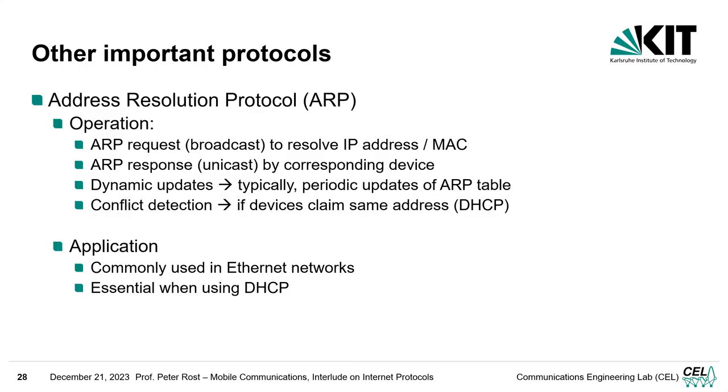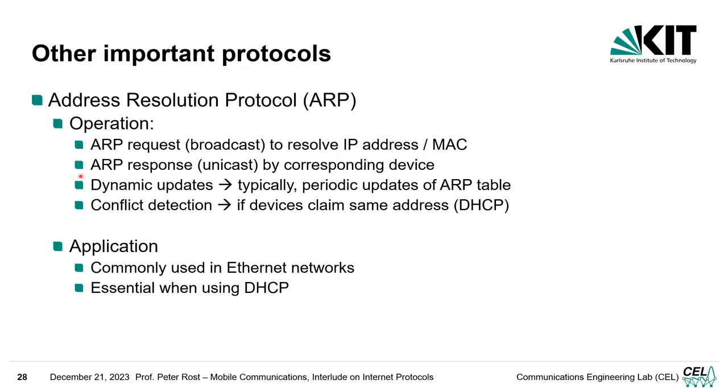And how it works is your source node is sending a so-called ARP request. It's broadcasted, in which it asks for an IP address and the corresponding MAC address. Then at some point it's received by the destination, which responds in unicast with its MAC address, saying that's my MAC address associated with this IP address.